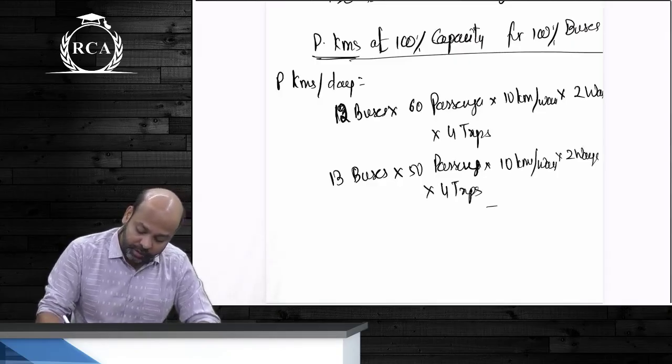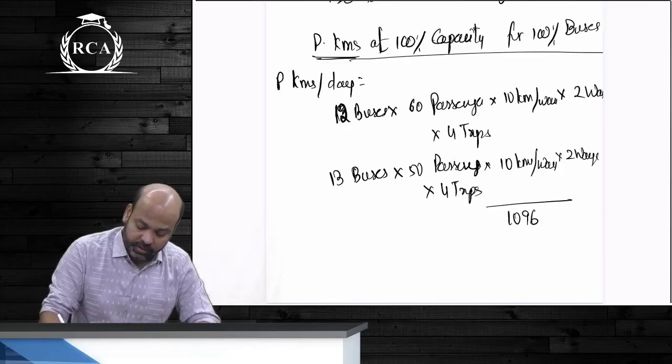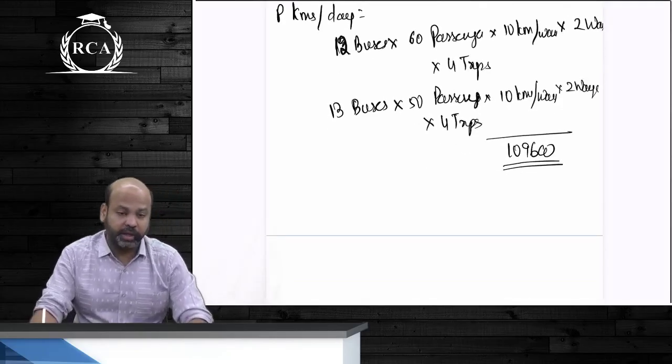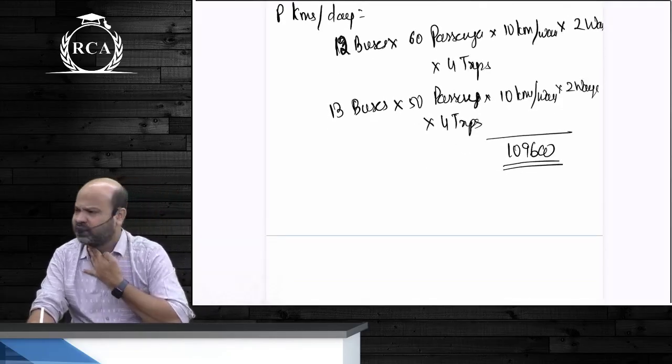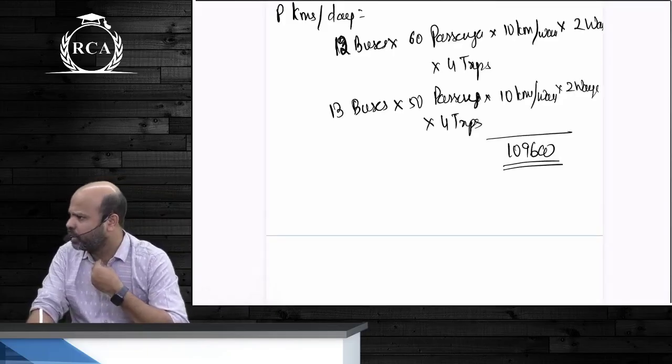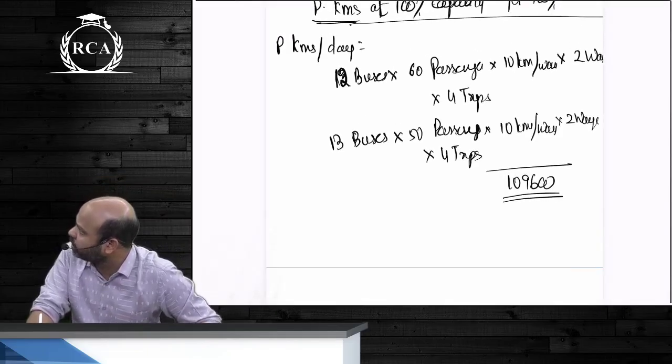What is the total of both? 1,09,600. This is passenger kilometers per day if all the buses were operating, and they were operating at what percentage capacity?